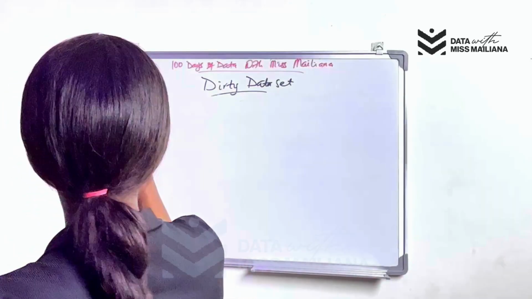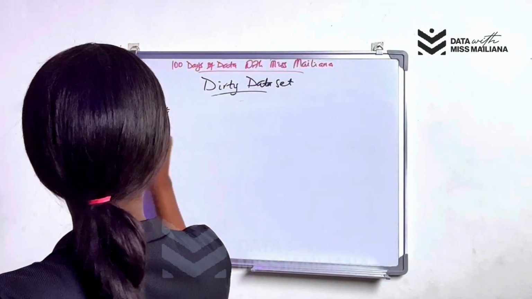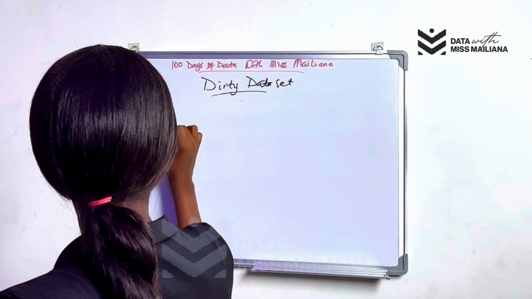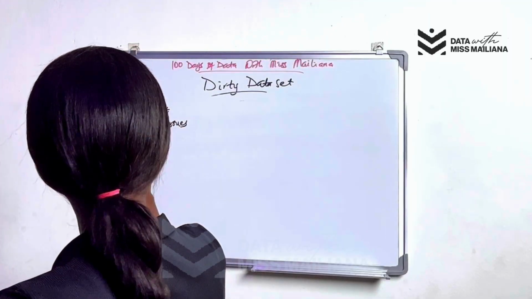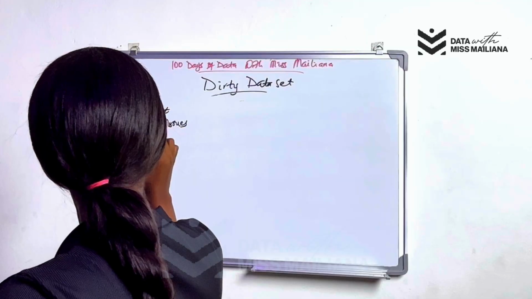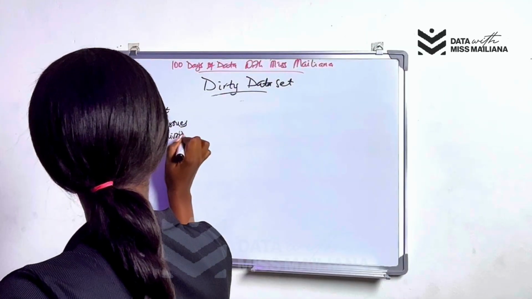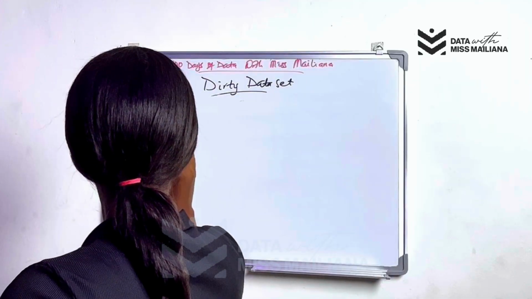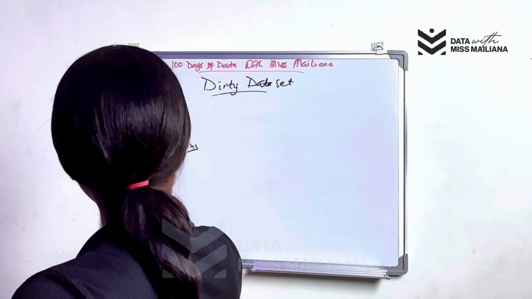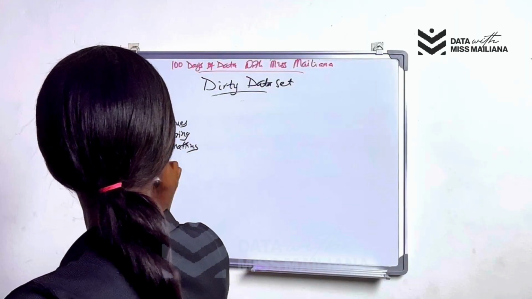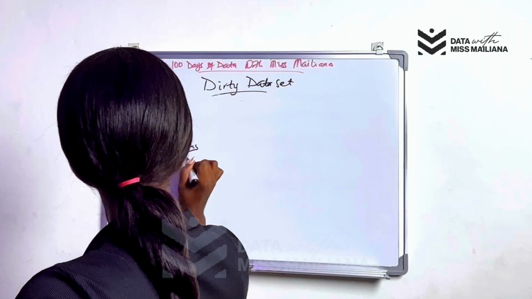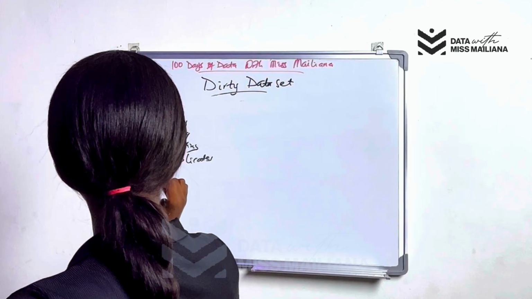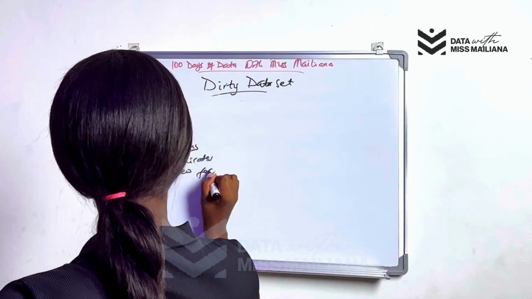So first, 1, inspect. 2, identify issues. 3, handle missing values. 4, fix formatting. 5, you remove duplicates. 6, you create new features when necessary.